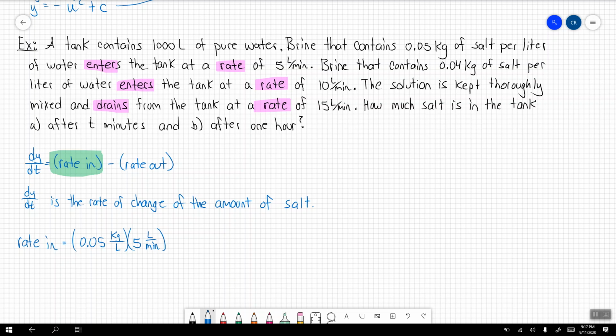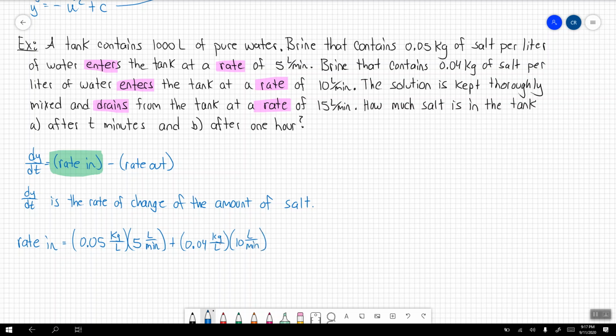Okay, but I don't have that brine itself coming in. There's a different type of brine coming in as well, which is 0.04 kilograms of salt per liter, and that's going to enter at a rate of 10 liters per minute.